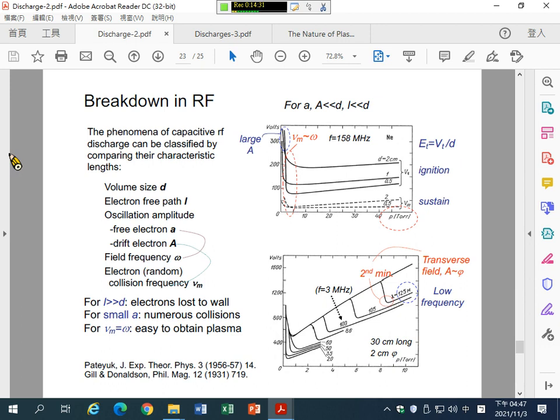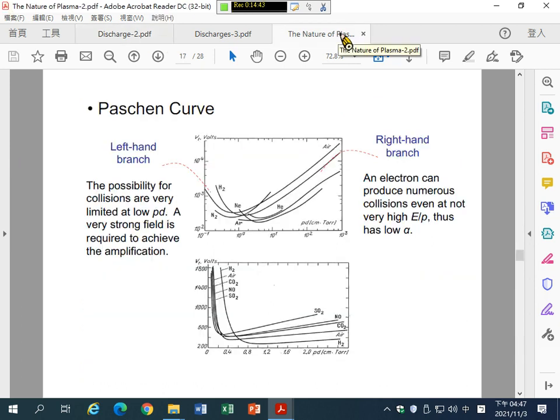But the horizontal axis here is the pressure only, pressure P, so the unit is torr. Compared with the DC discharge Paschen curve, where the horizontal axis is P times D, the sheath length influences the discharge behavior for DC plasma.